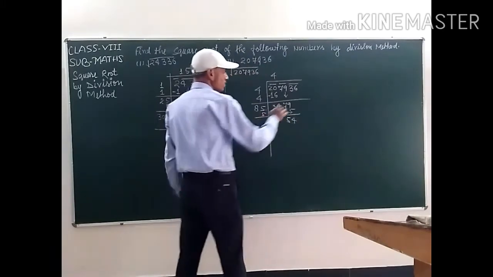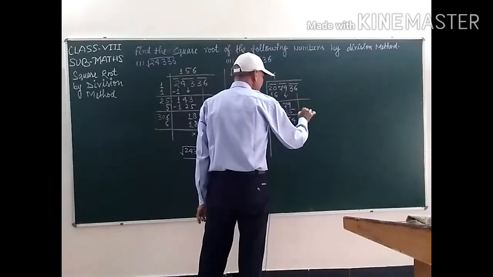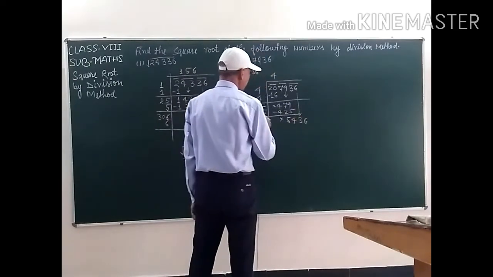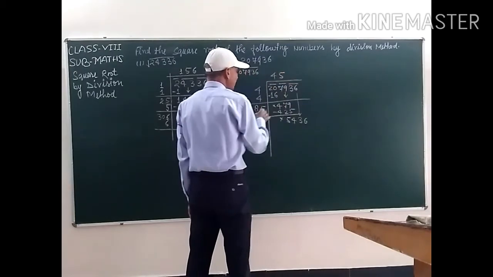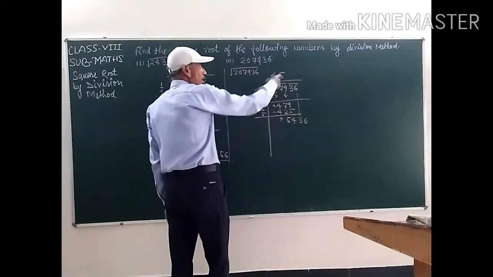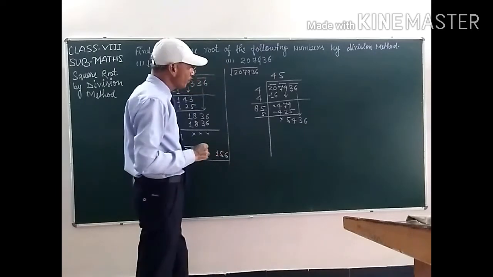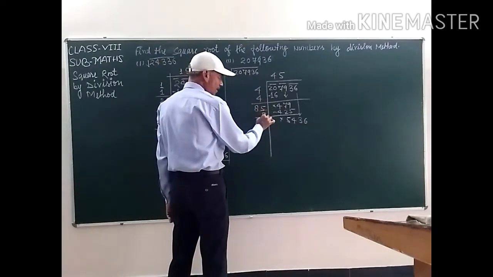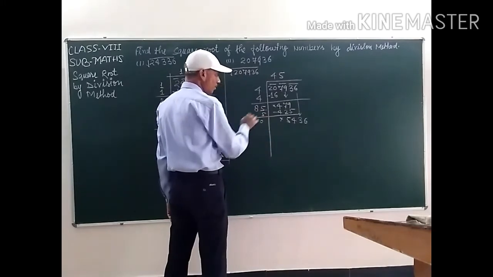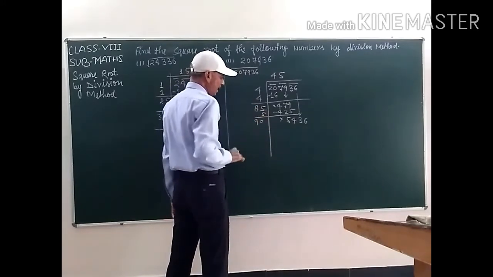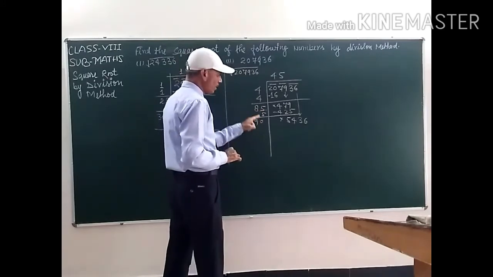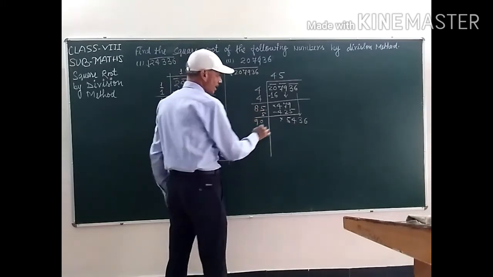Clear students? So now take this number below, that is 36, and the quotient is 5 because you have taken 5 here, write here 5. Okay, and add this number, 5 5s are 10, 0, 8 1 is 9.